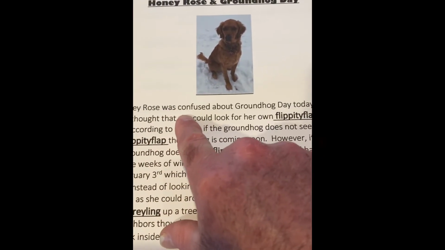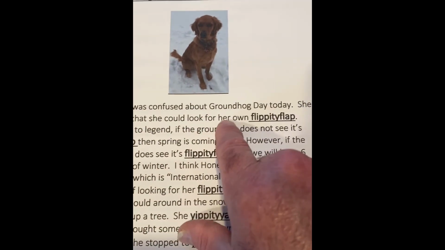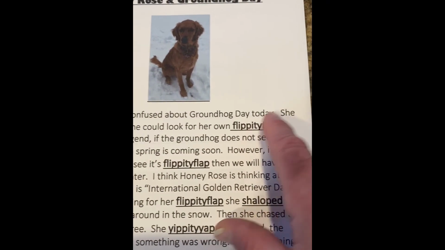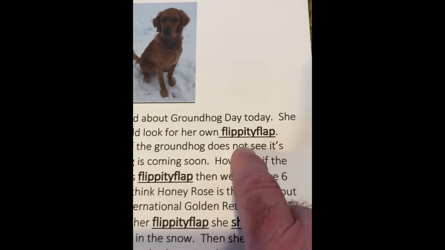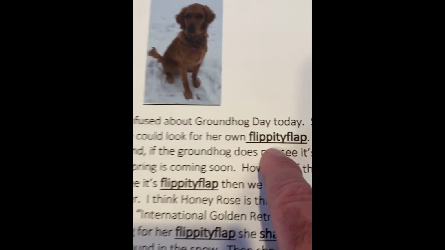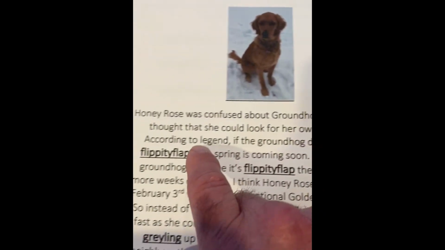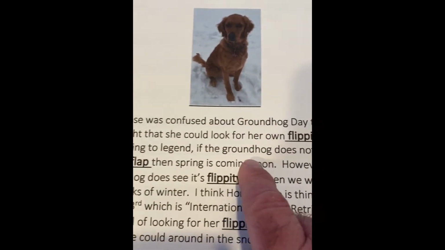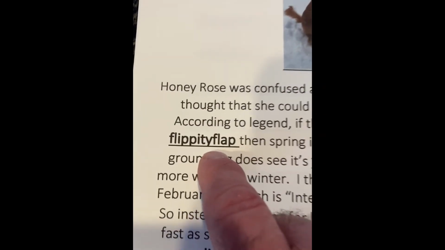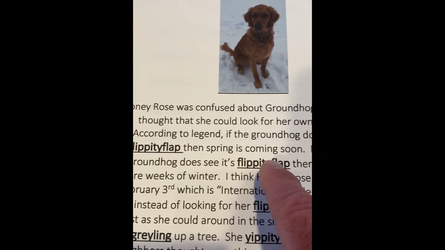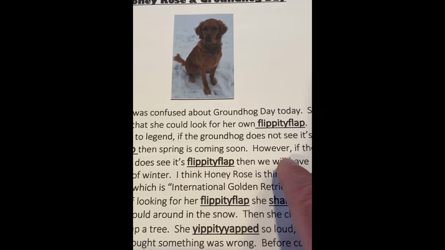Honey Rose was confused about Groundhog Day today. She thought that she could look for her own flippity-flap. What? According to legend, if the groundhog does not see its flippity-flap, then spring is coming soon.